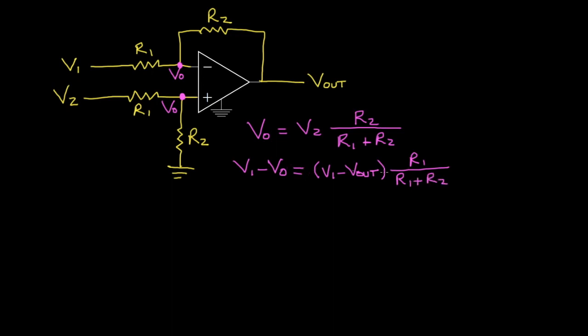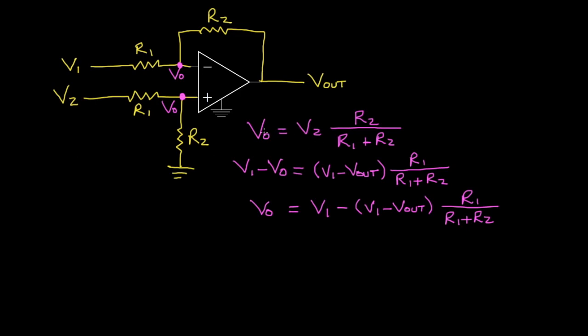Then what I'll do is rewrite the second equation as V0 is equal to V1 minus (V1 minus V out) times the ratio of R1 over R1 plus R2.